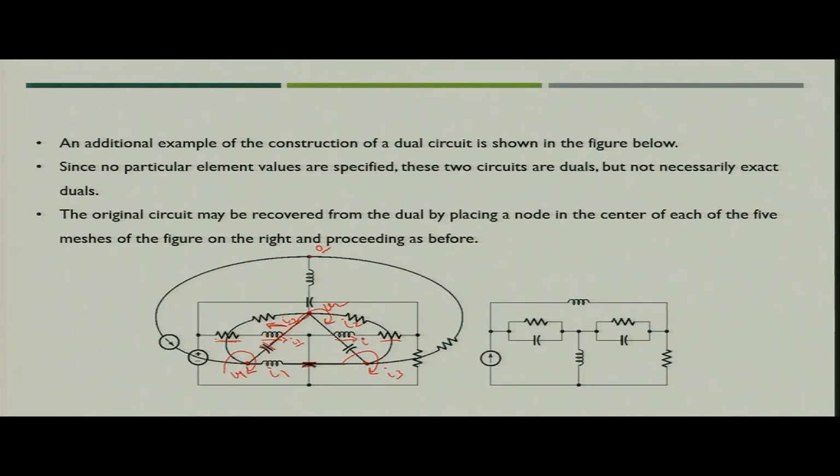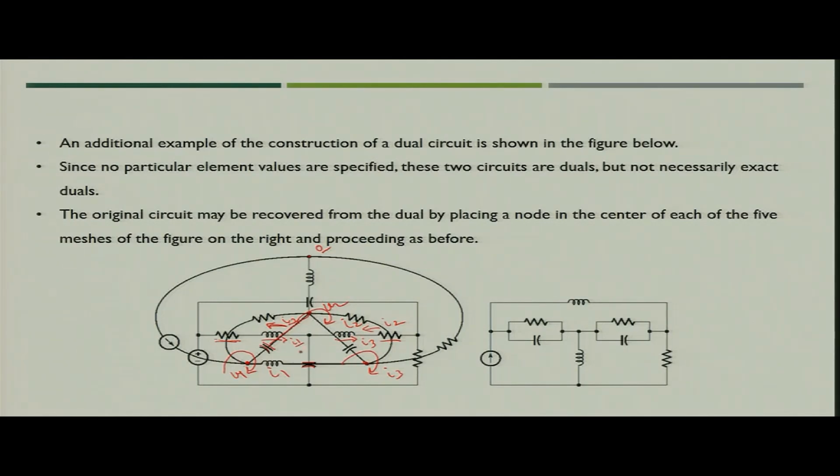Now, we are assuming current I3 in this direction, while current I2 would be in this direction. So, the inductor dual, that is the capacitor, would be connected between node 2 and node 3. Similarly, the resistance dual, that is conductance, will also be connected between node 2 and node 3.